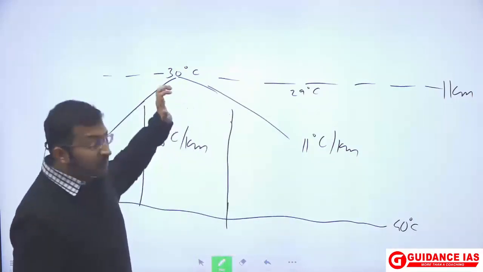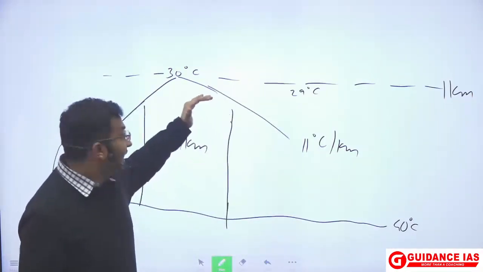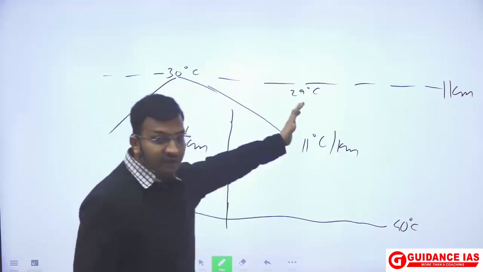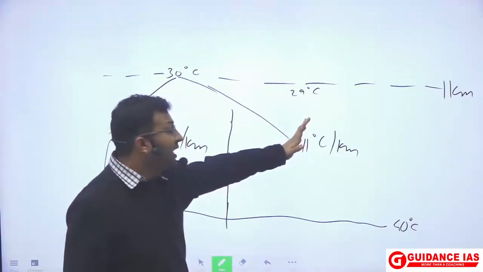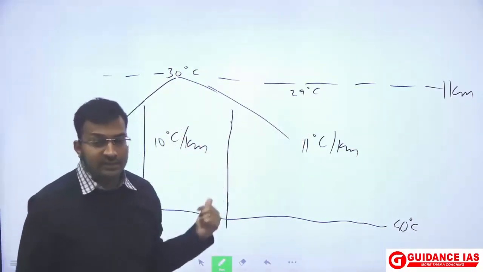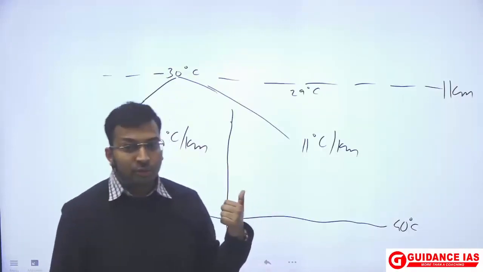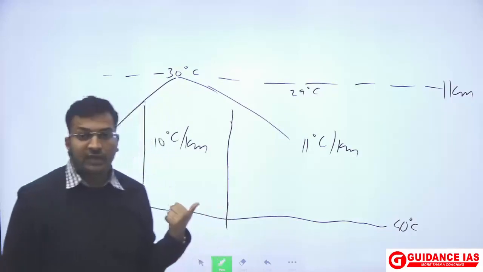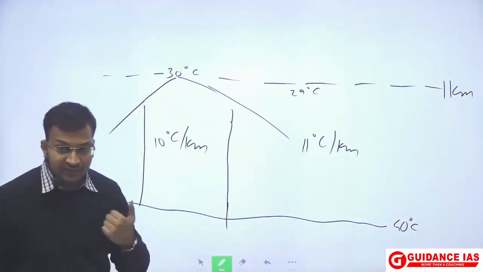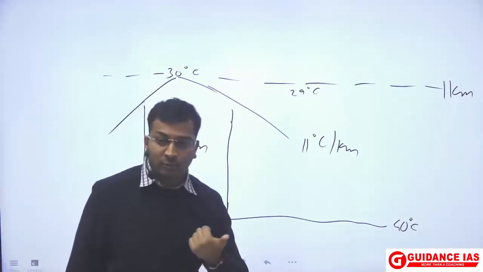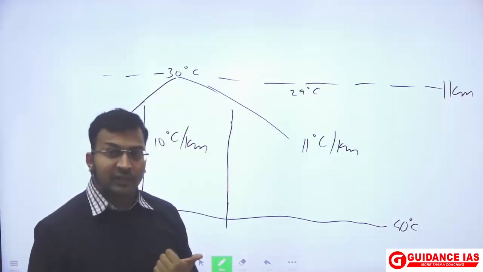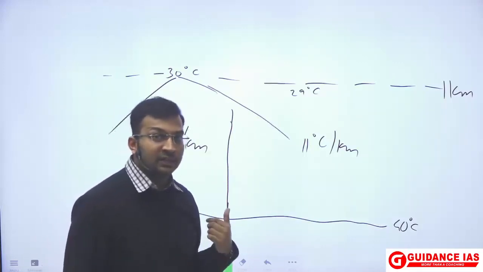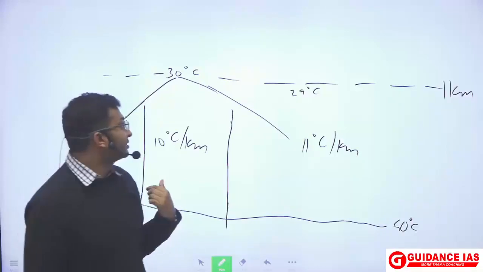Now since the temperature of the rising air mass is still higher than the surrounding temperature, it will continue to rise and expand, thus causing atmospheric instability. As we have seen in the definition, if the vertical movement of the air masses continues, it leads to atmospheric instability.